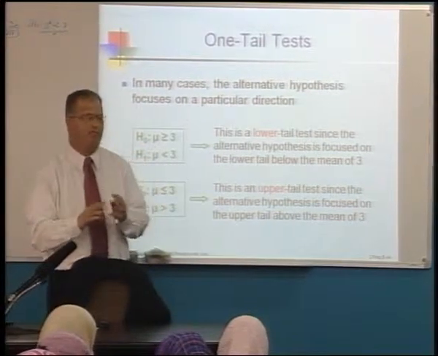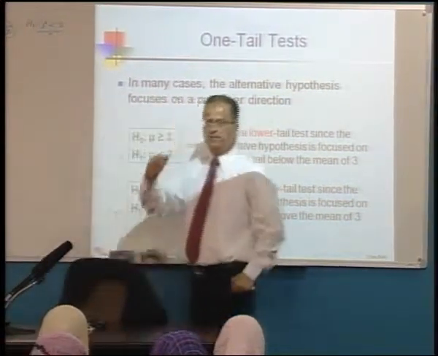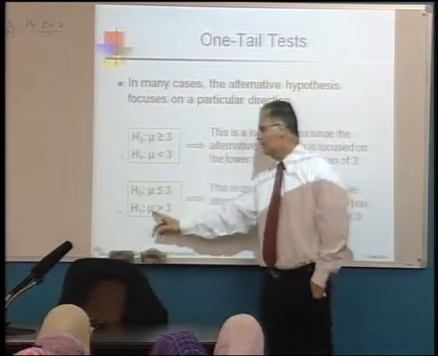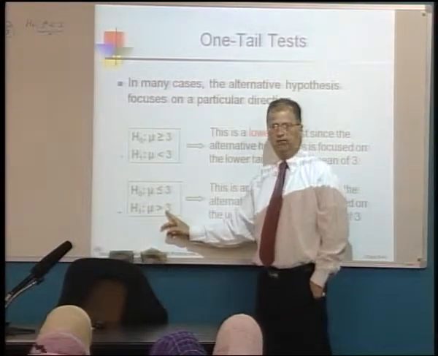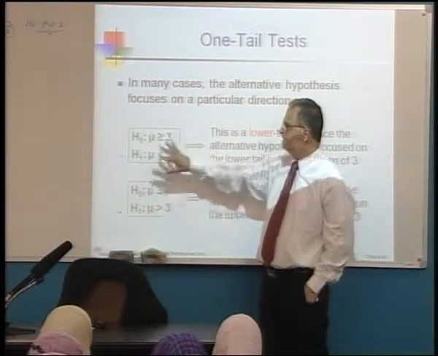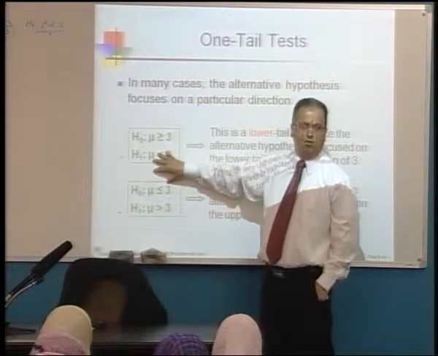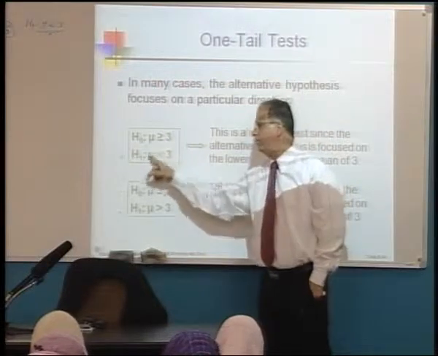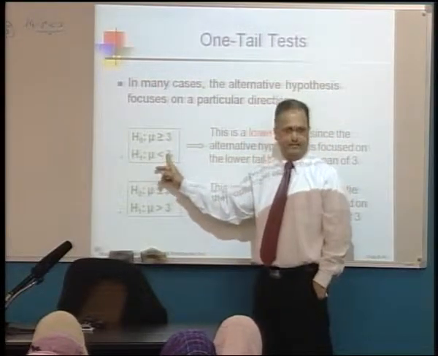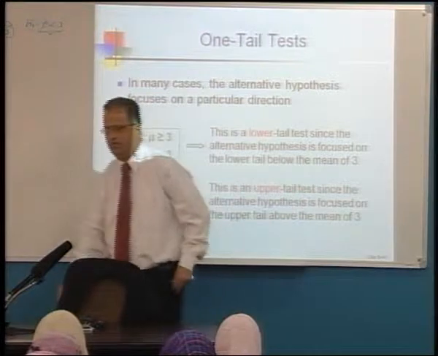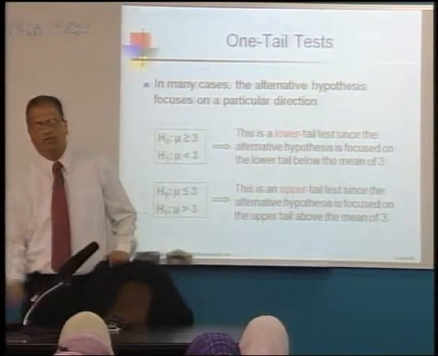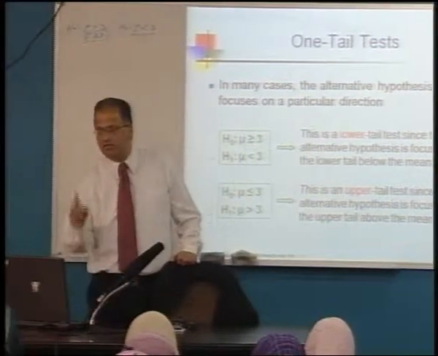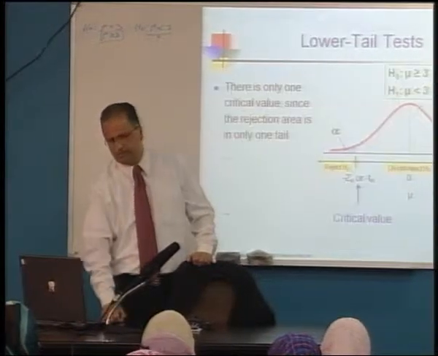For example, if the problem says increase, it means mu is above. If the problem says smaller than or decrease from whatever the value is, then we have to use mu smaller than that value. Any question? So that's how we can state the null and alternative hypotheses for a one-tail test.